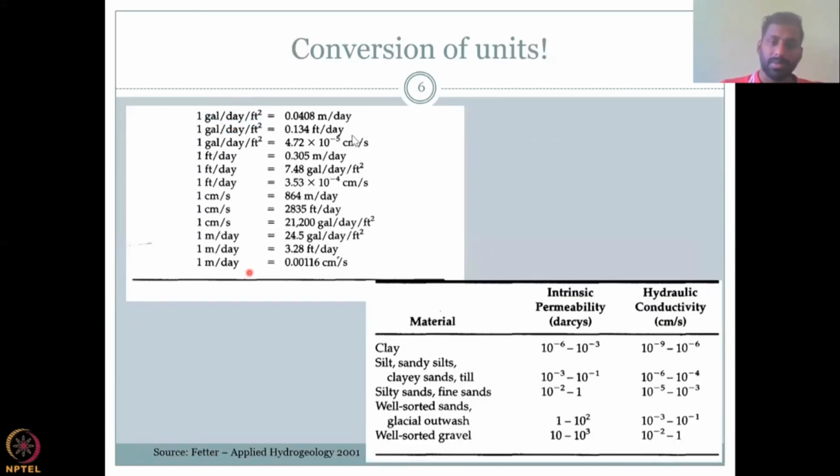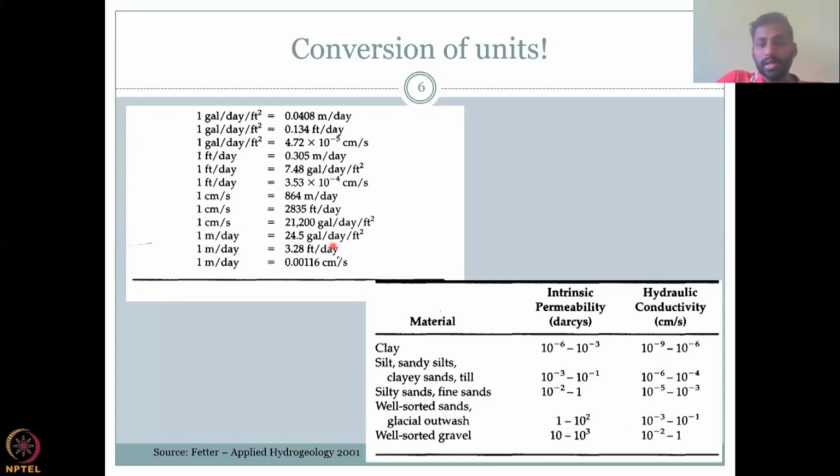So you can have multiple units. Please be careful with the units. I was recently in an examination where the student was trying to say, no, the data doesn't agree. But the simple thing was that the units were different. So make sure the units are captured correctly. I'm going to stress this again and again. Please make sure what the unit is and see if it is agreeing when you compare.